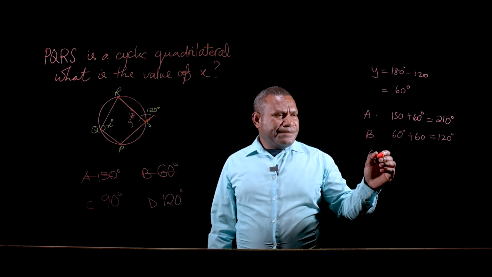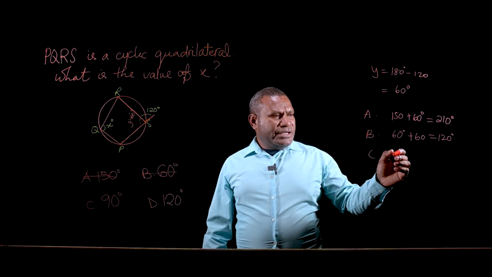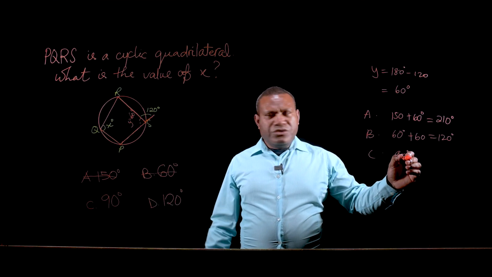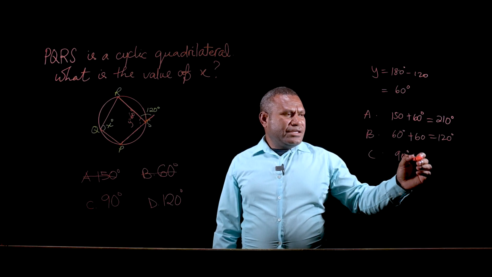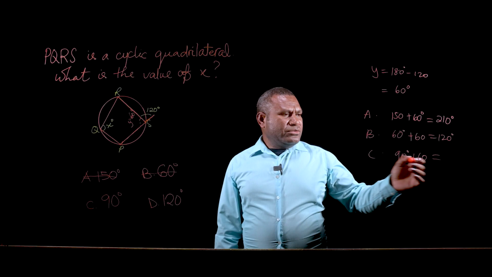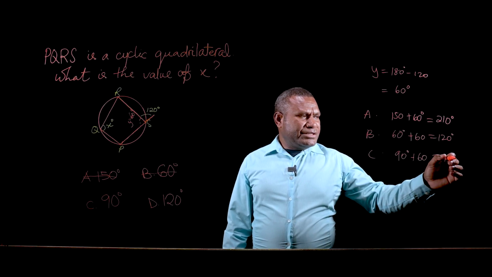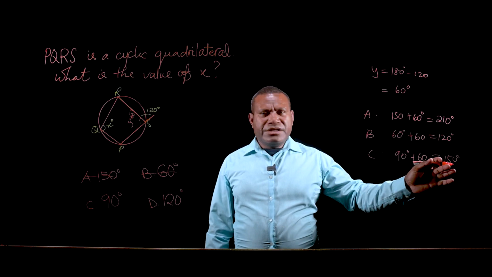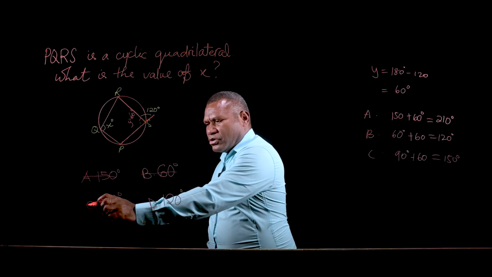All right, C, you have 90 degrees, but when you add this 60 degrees here, it's not going to be equal to 180, but it will be equal to 150 degrees, right? It's not 180. So that cannot be your correct answer.